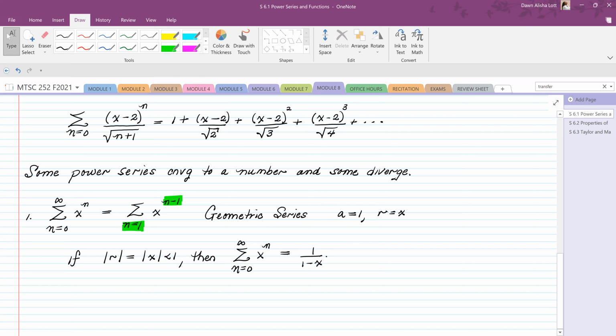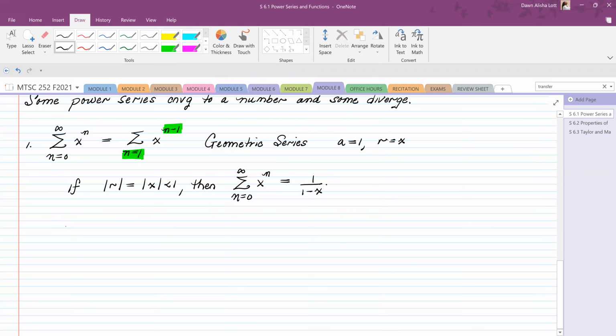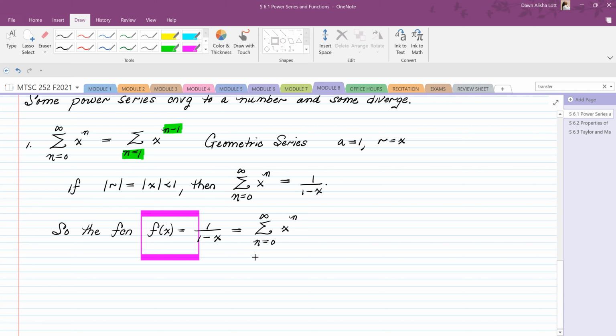Right there, our first function. So the function f of x equals 1 over 1 minus x has a power series expansion of x to the n. That's the power series expansion for 1 over 1 minus x.